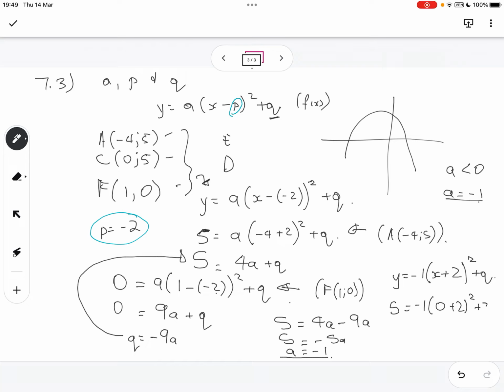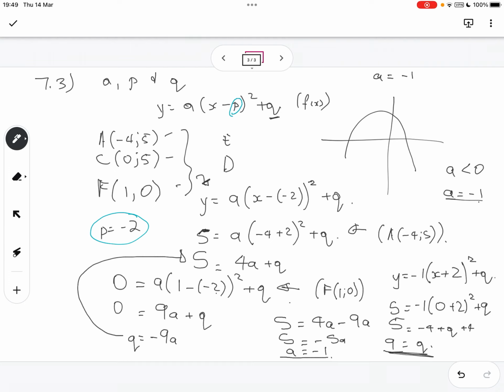So where y is 5 and x is 0, we will then find q. And this is 4 times negative 1, which is negative 4. So negative 4 plus q equals 5. Then if we do additive inverses, we get 9 equals q.